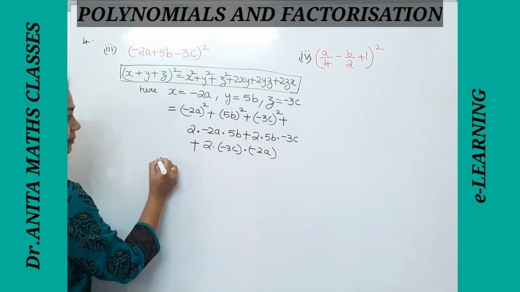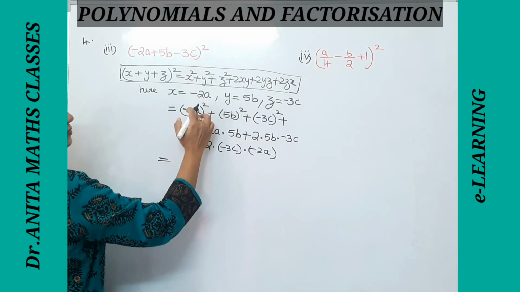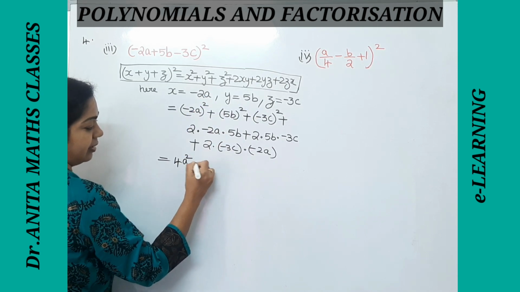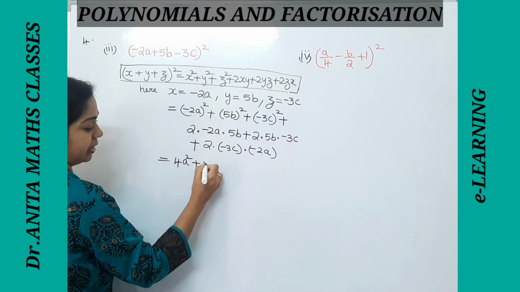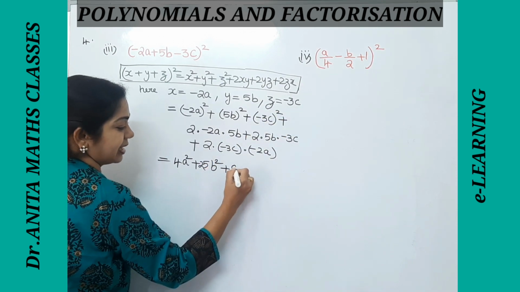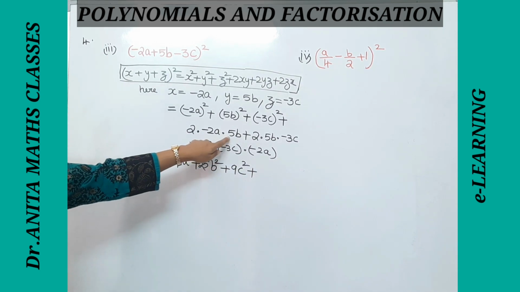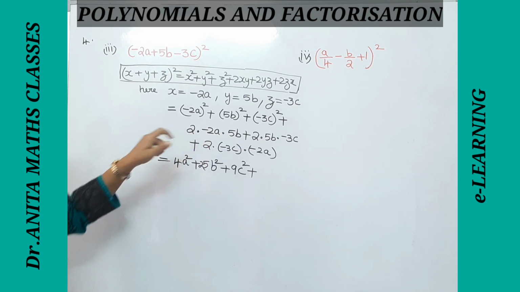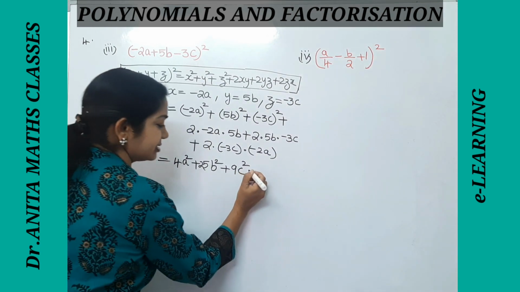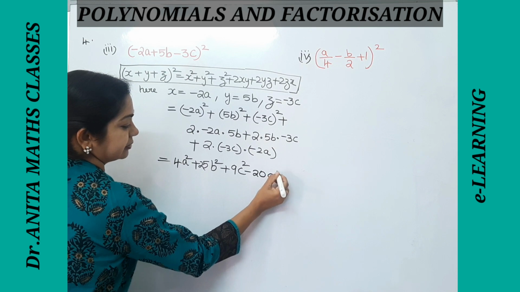Here (minus 2a) whole square, minus whole square comes to positive, and 2 square is 4, so this comes to plus 4a square, plus 25b square here. (Minus 3c) whole square is plus 9c square. And if you multiply, 5 twos are 10, 10 twos are 20, and the negative sign is there: plus into minus is minus 20ab.